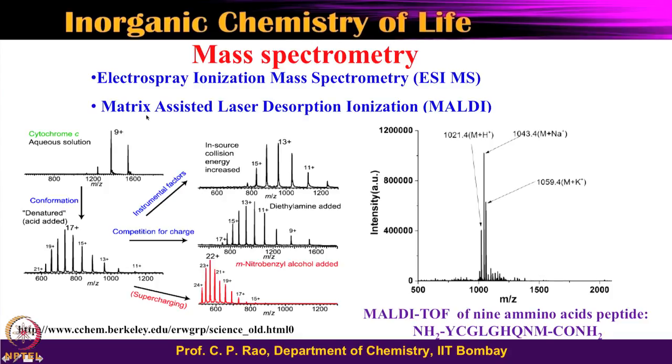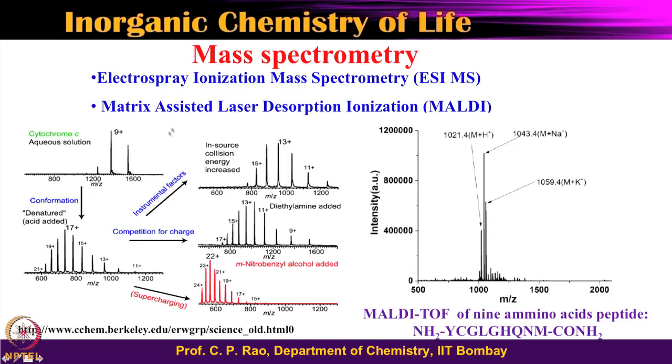In the other, you mix your compound, a molecule or a protein, with a matrix. You then shine a laser light, the laser light is absorbed by the matrix and transfers this energy to the molecule, and as a result the molecule gets desorbed and ionized. That is what you study in MALDI.